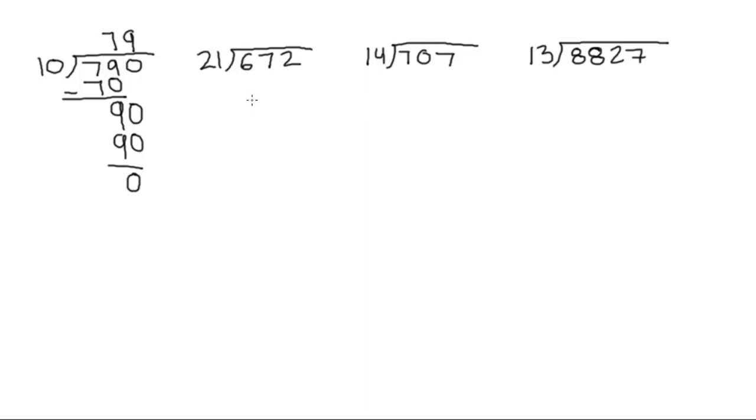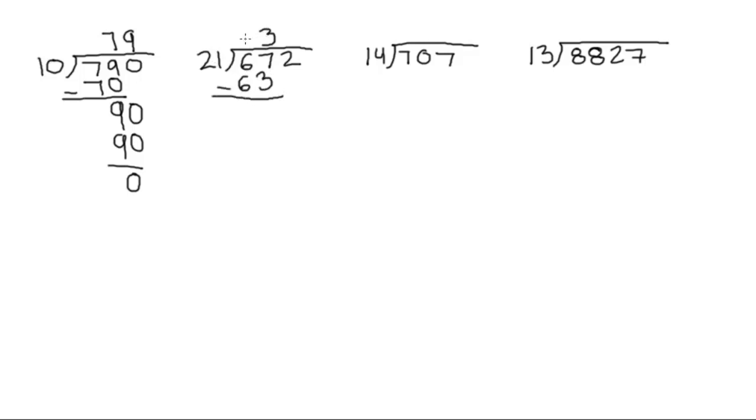That's as close as we're going to get. If you add another 21, you're going to go over the 67. So we're going to say 3 times 21. And so 21 goes into 67 3 times. It is 63. So 3 times 21, 63.